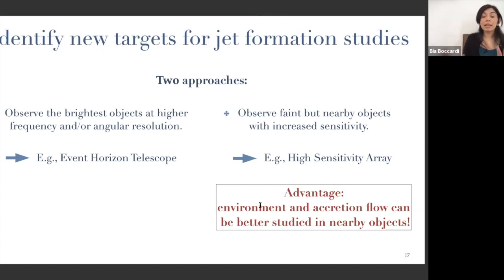So in another approach, we can try to zoom for the first time into the faint cores of nearby radio galaxies by using very sensitive arrays, for instance, the High Sensitivity Array. The advantage of the second approach is that, of course, since these faint objects are in general also much closer to us, we can much better probe the environment and the accretion flow and its relation to the properties of the jet base, which is difficult to do, for instance, in the case of more distant blazars.